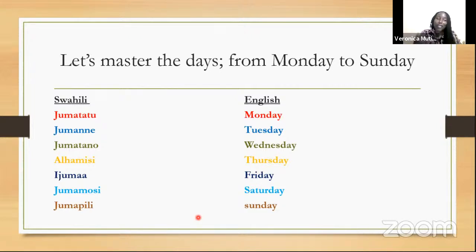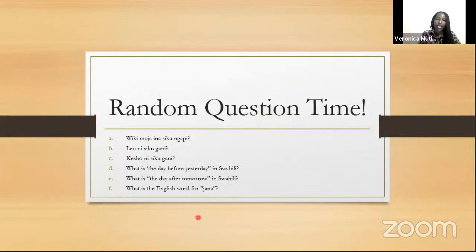So again, for you to master this, you have to go over it again and again until it sticks in your mind. So let's see what we have here. We have some random questions. So random question time.